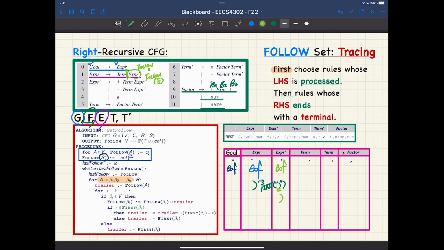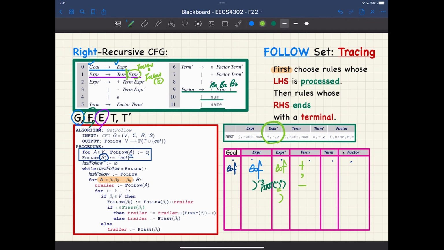Term for sure is going to copy the first of expression prime. This is something we know. It's going to be plus and also minus. And question, should we union it with the follow of expression?